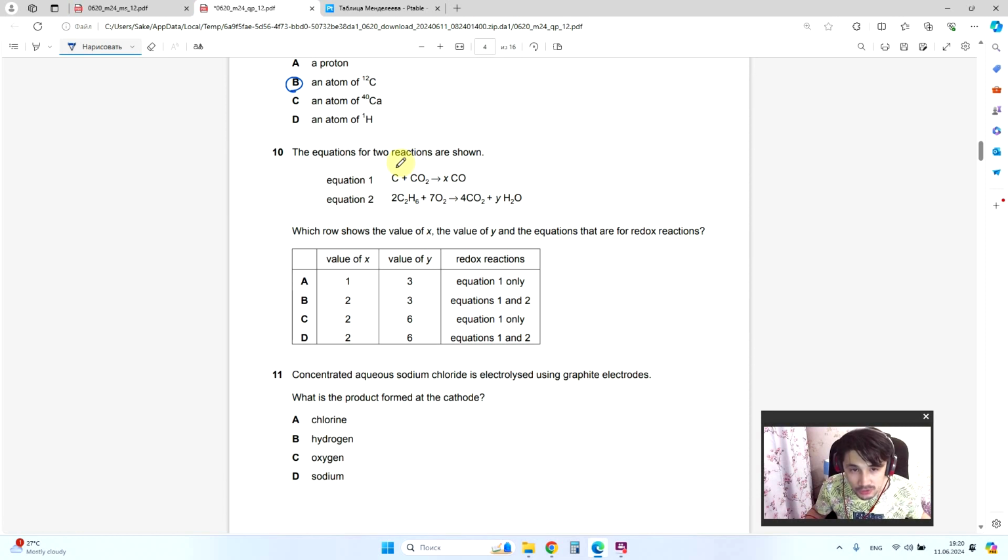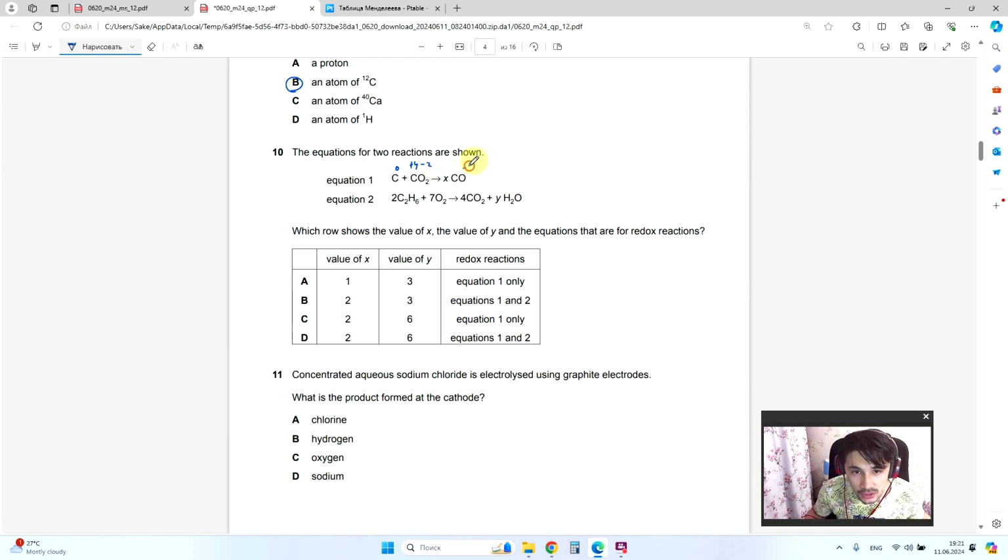The oxidation number of carbon is 0 because it's an element. The oxidation number of oxygen is usually -2, and for carbon it is going to be +4 to make the substance neutral, because we simply have 2 oxygen atoms. So -2 times 2 gives you -4, so carbon must be +4.